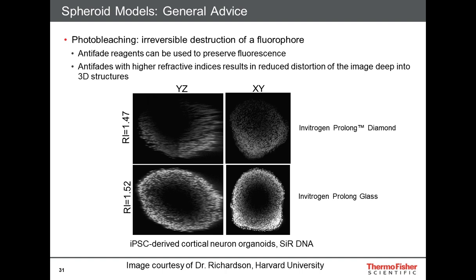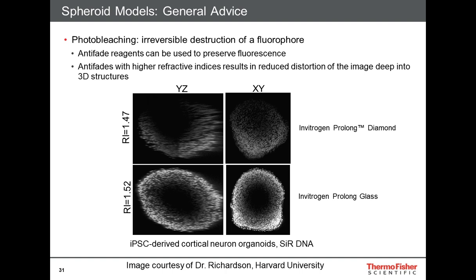One final thing to look at as far as general advice for spheroid models is, when we're imaging these larger structures, we need to be aware of photobleaching. And this is the irreversible destruction of a fluorophore as it's exposed to excess light. Now we can prevent this using anti-fade reagents.